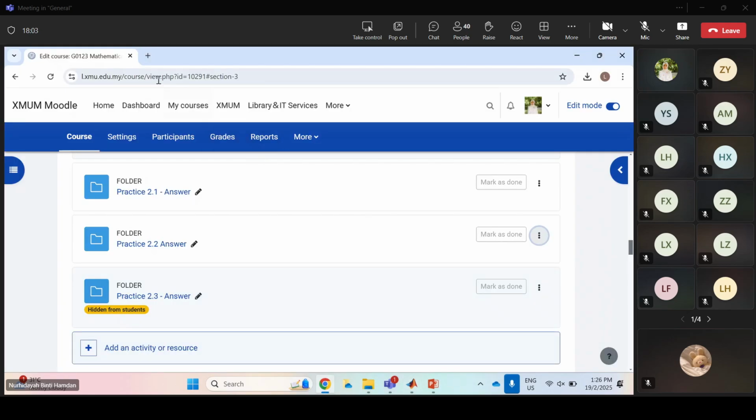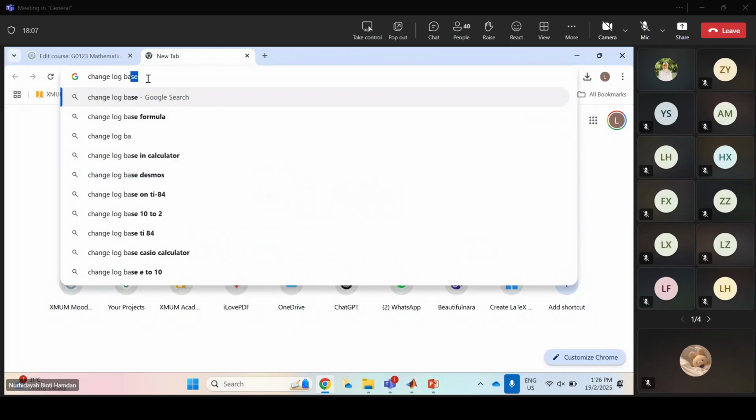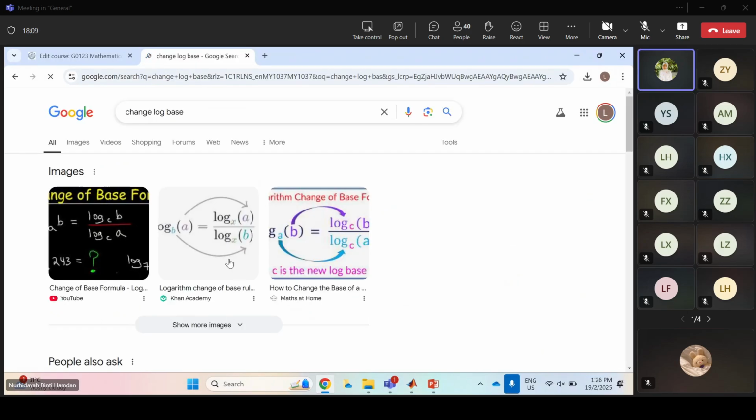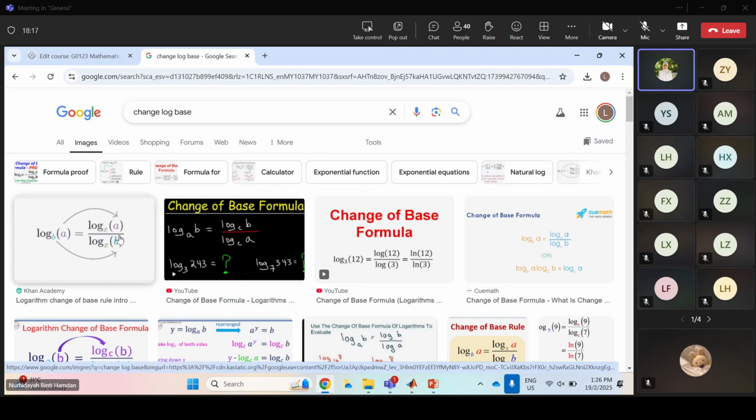Google it. Okay, this is the formula: to change the base of log A base B, you take log of A in the new base over log of B in the new base.